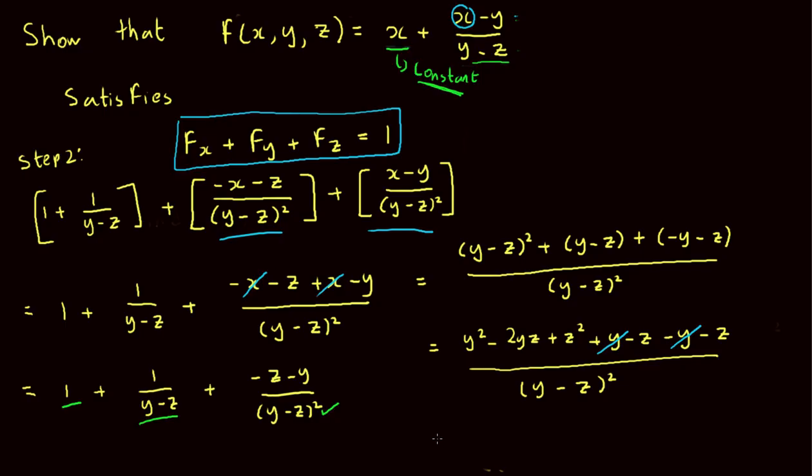So we'd have y squared minus 2yz plus z squared minus 2z, over this entire thing, which is (y minus z) squared.